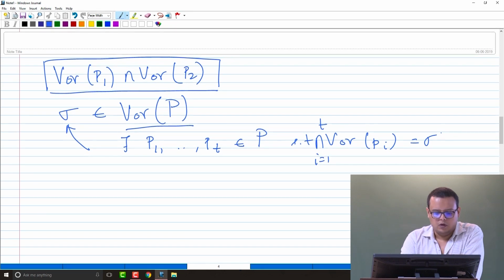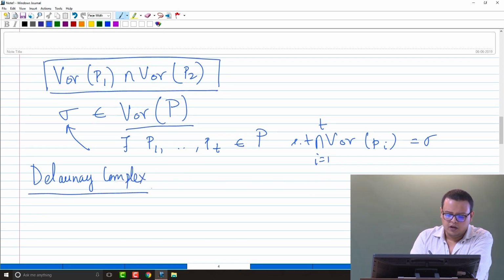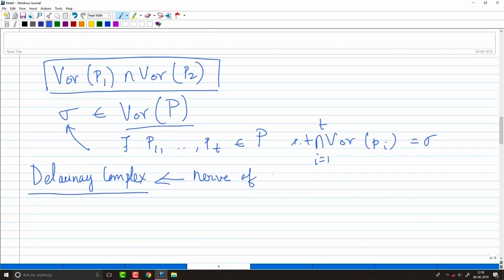Good. Now, let us look at the definition of the Delaunay complex. How did we define it? It was the nerve of the set Vor Pi, i equal to 1 to n. Since this was a nerve, it was a simplicial complex, nothing to worry about.